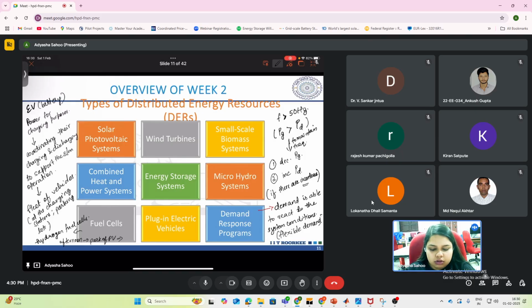So instead of cutting off the power or curtailing this PV power, to avoid that, we can use them.